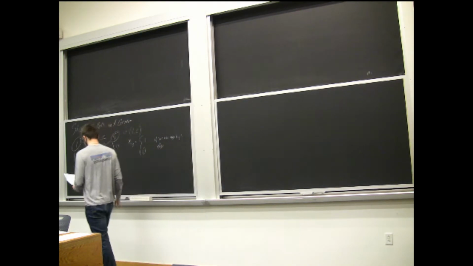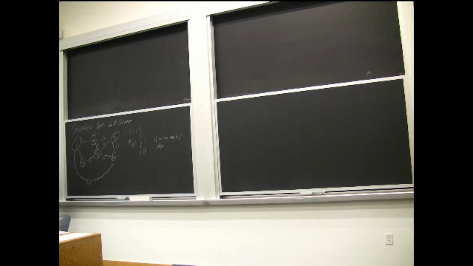So the very first thing that we're going to do is introduce this variable xij. Xij is going to be binary. It's either going to be 1 if we use it in our walk, and 0 otherwise.